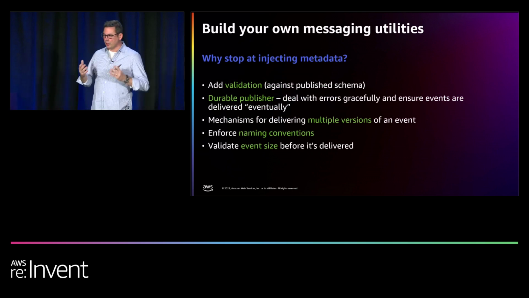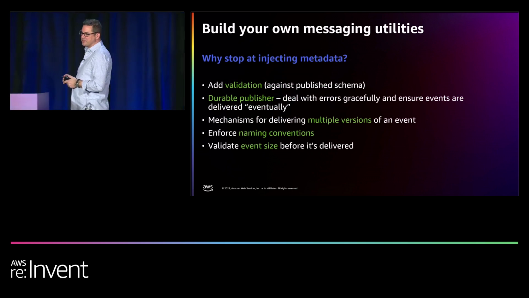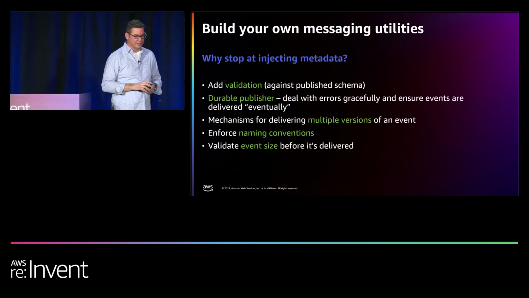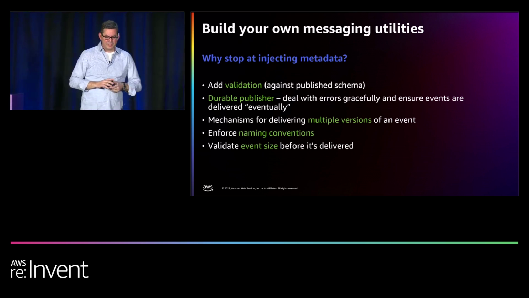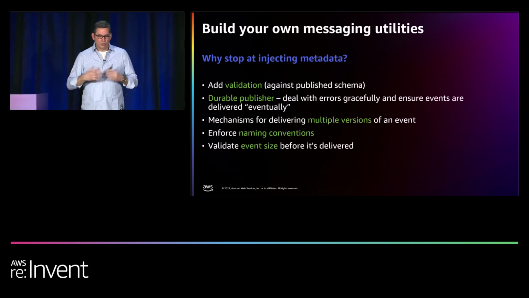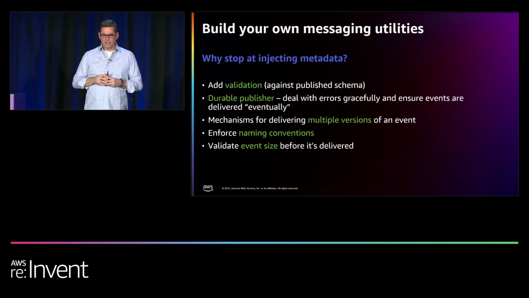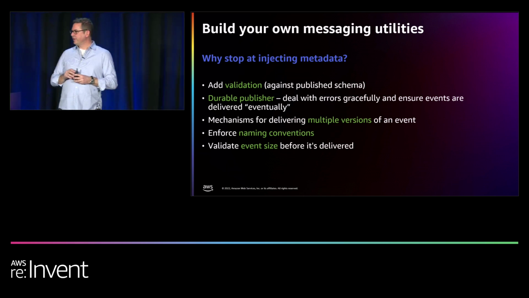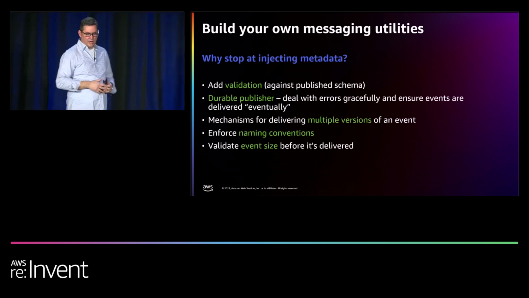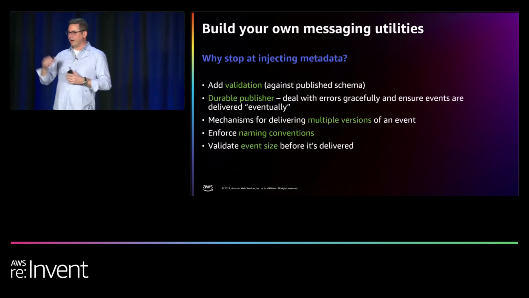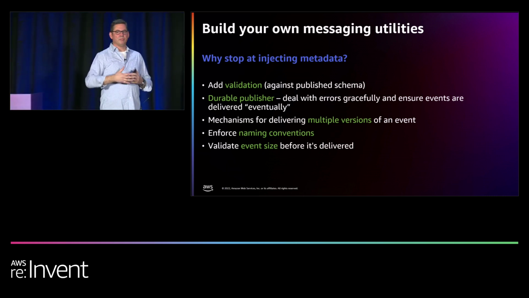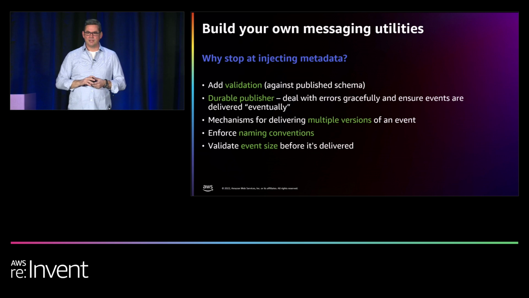So having your own messaging utilities really opens up a whole wide range of possibilities. You could further extend this implementation and create libraries that not only look at dealing with metadata, but also how to do schema validation before you send an event, or implementing durable publishers, so that in the event that you are unable to publish an event, you are durably persisting it and then potentially creating your own retry policies.